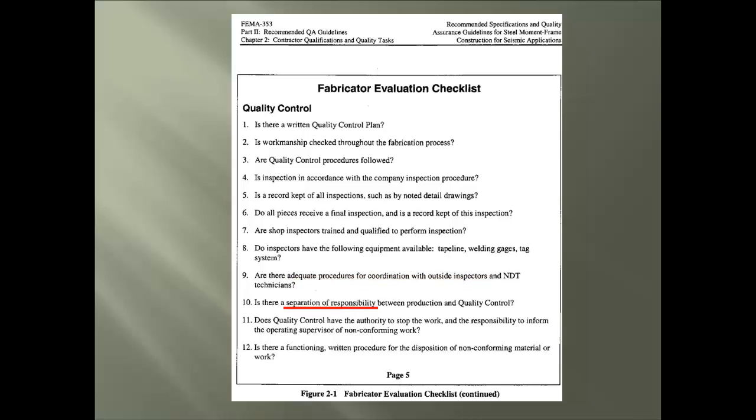Number 10, is there any conflict of interest within the production and QC professional? Number 11, does the QC professional have the proper authority within the company? Number 12, is there proper sequence for repair of rejected work?